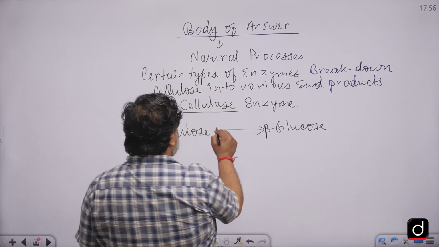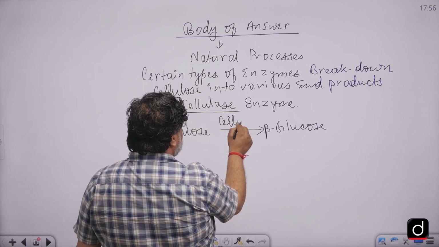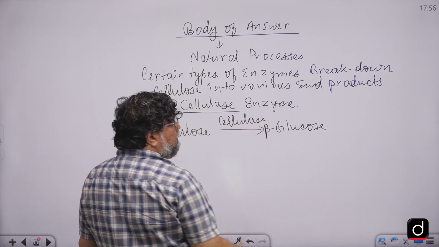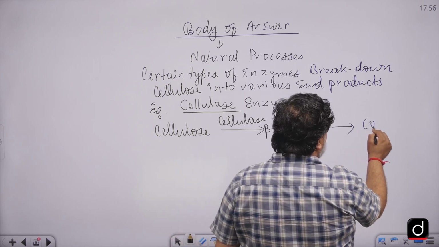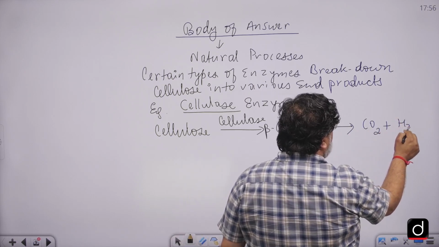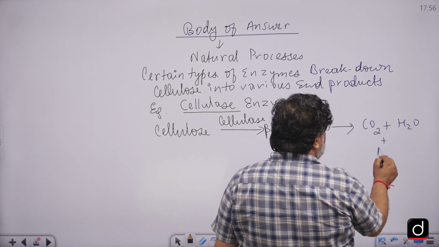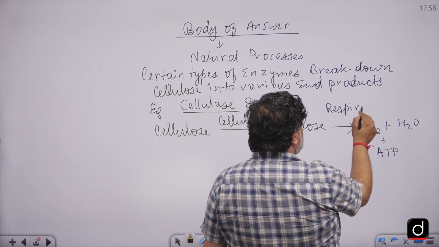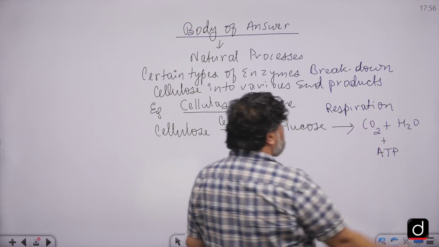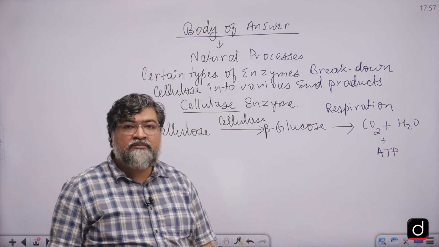And that can be done with the help of the enzyme which can convert it. And then you know that this can further be broken down into carbon dioxide, water, plus energy, that is ATP. This happens in respiration. Hydrolysis is part of it.